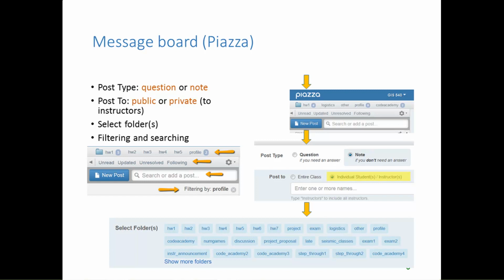Additionally, you can use the search box to create custom filters. A filtering by message appears below the search box when you're filtering in some way. To turn off this filtering, use the X that appears to the right of this message.